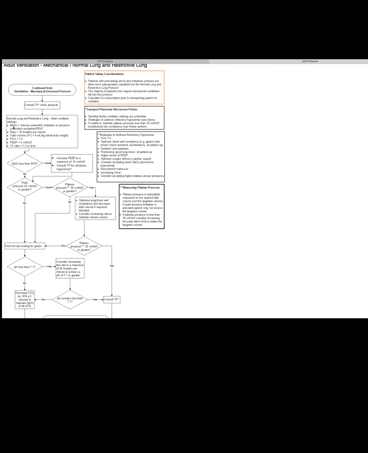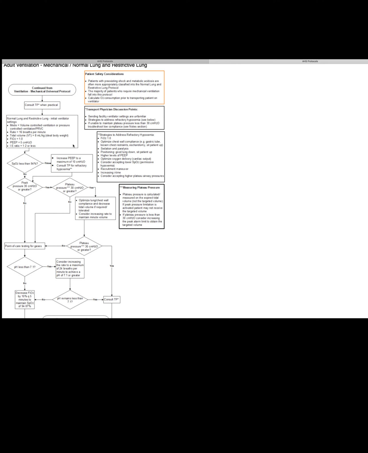Gavin, what else do you have to say about that? Yeah, and PRVC stands for pressure regulated volume controlled. This does cause a little bit of confusion amongst users of the T1 because we put in the volume. You'll see when Chad gets to the tidal volume below, that is our target, and that's what we enter. I think a descriptive term for our Hamilton T1 is a volume targeted pressure controlled.